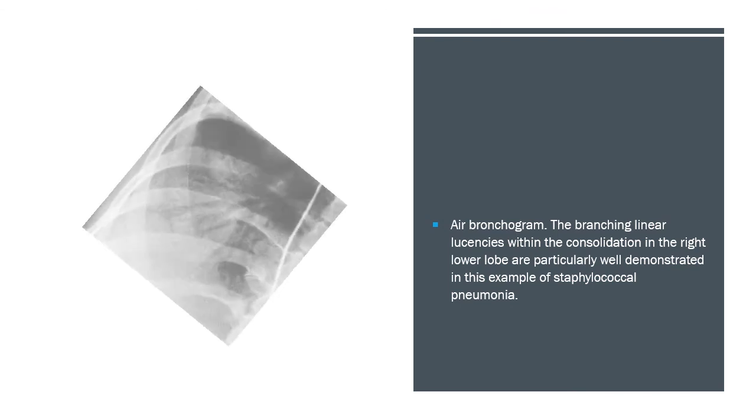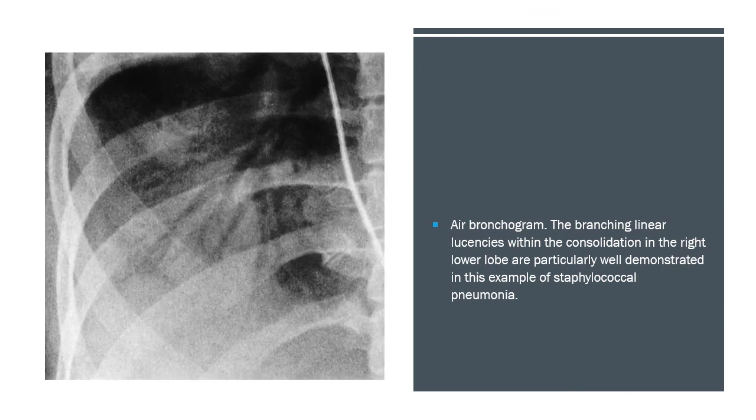This is an air bronchogram. You can see the patchy infiltrates. The only air you can see is in the bronchus, so they're clearly outlined through the infiltrates. You can see the bronchial linear lucency, the dark lines of the bronchus in the consolidation.